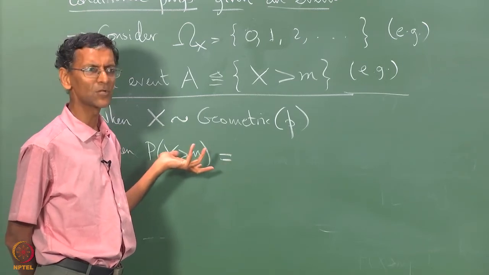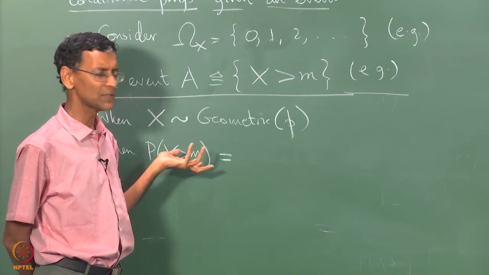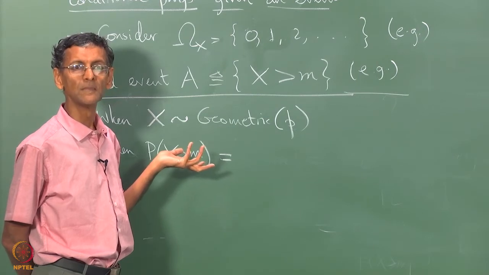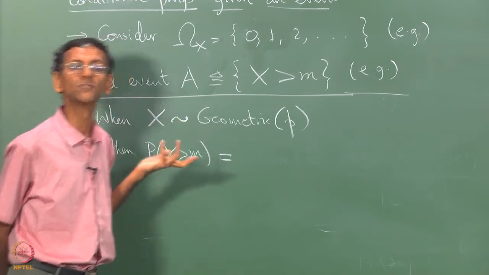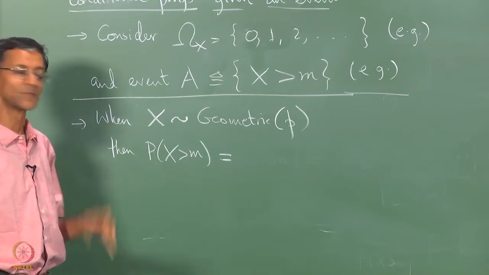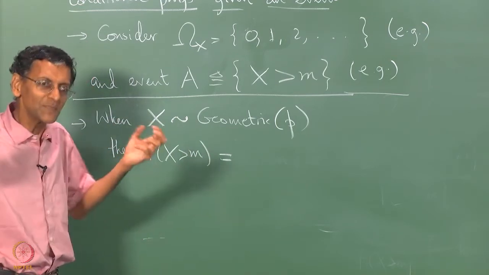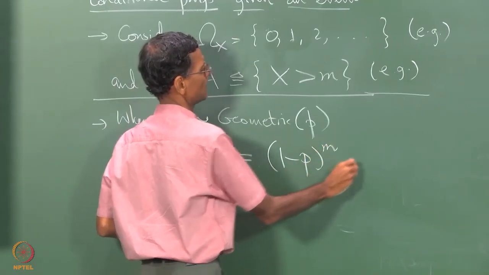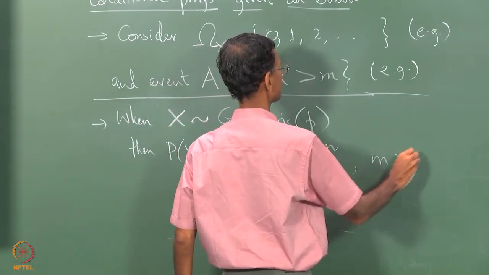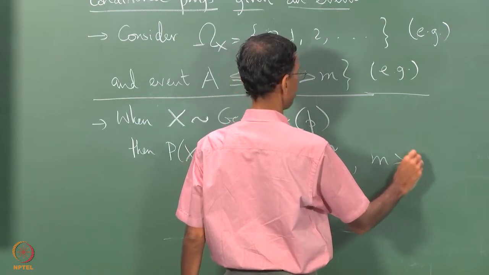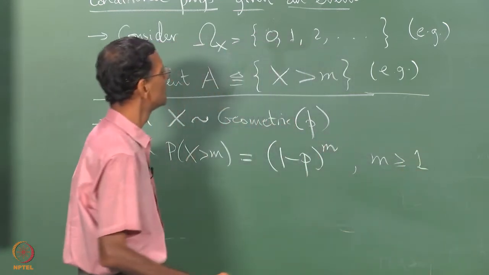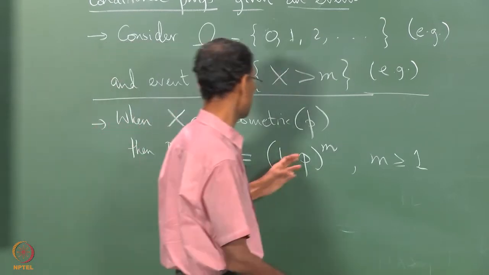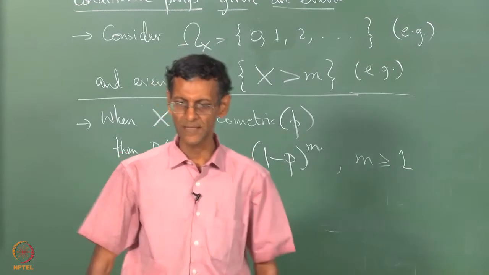Come on, we did this earlier this week, or last week I guess. 1 minus P to the power of M. These are things you should immediately say. And it is valid for all M. Maybe I should say for M greater than 2, or is it M greater than 1?